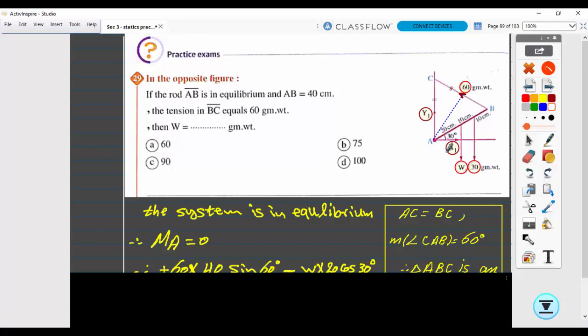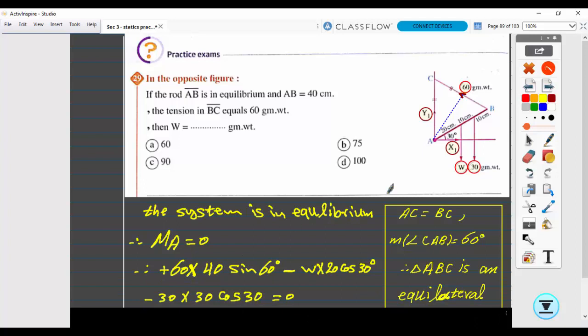The moment of x1 equals 0 and the moment of y1 also equals 0, because x1 and y1 are the two components of the reaction of the hinge at A. That's why we take the moment about A. So 60 multiplied by 40 sin theta is the moment of the force 60 about A. Notice the direction of the moment of the force 60 about A is anti-clockwise, so it is positive.